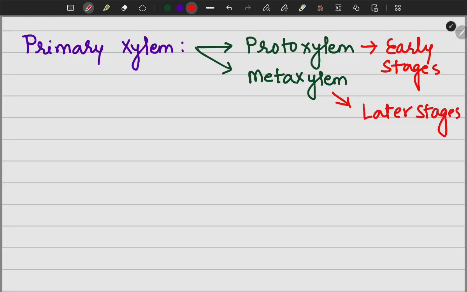Now, based on the arrangement of this proto and metaxylem, we can find two types of condition.